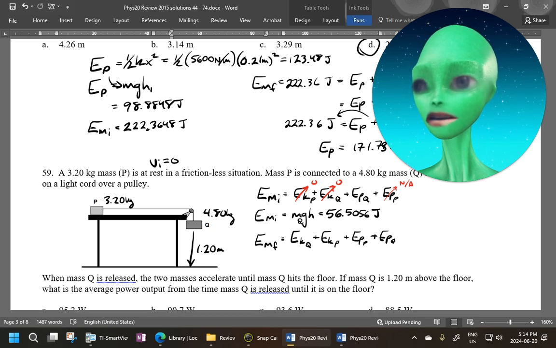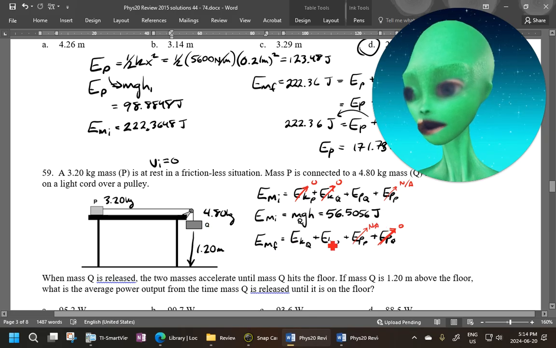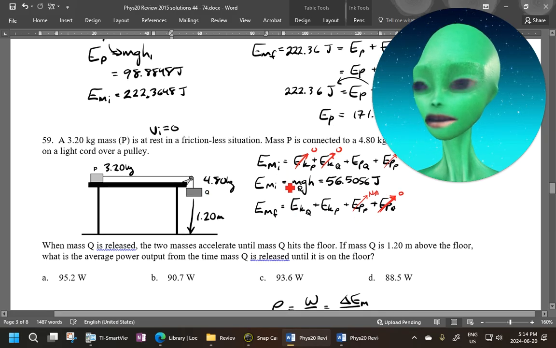When it hits the ground. So we have a bunch of zeros again. So the EP of Q on the ground is going to be 0. And this, again, is just NA, because I'm just going to minus it out. I just have to find out what these EKs are.